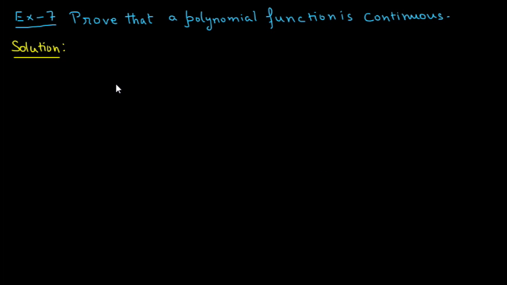Next example, example number 7. Prove that polynomial function is continuous.